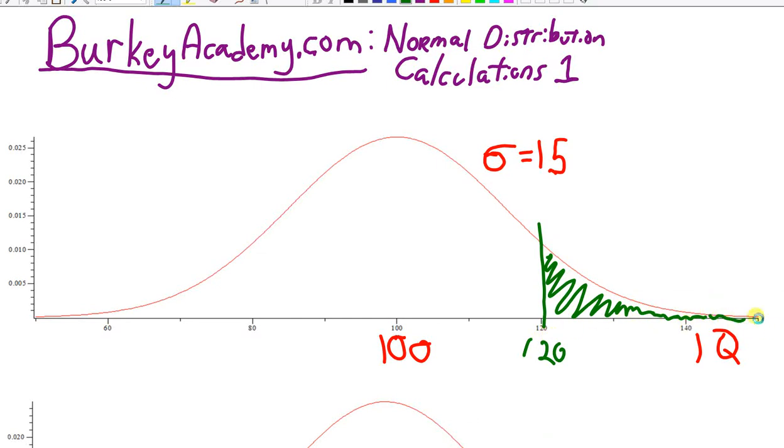The total area under the curve equals 1, which means 100%. And if we want the probability somebody's over 120, then we want to know what this area is over here. So how do we find that? Well, before we do that problem, let's come back to it at the end. Let's start with a simpler problem.